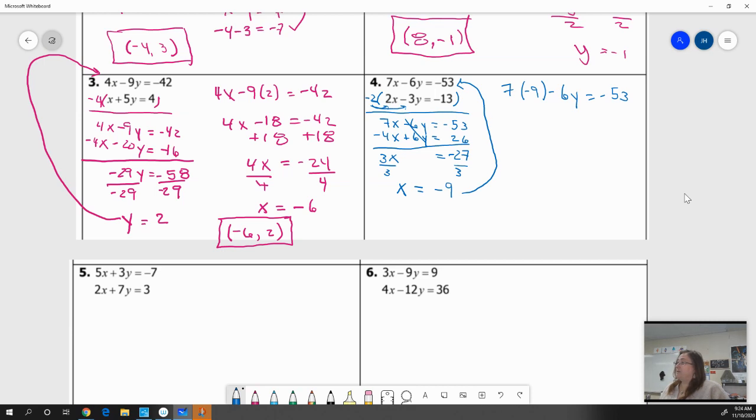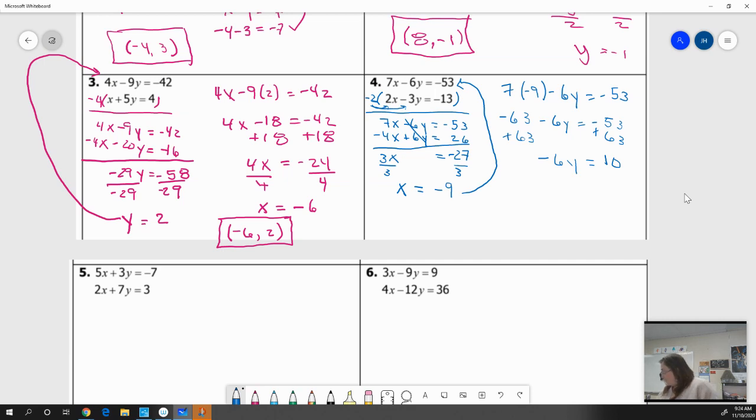This is a negative, so we have minus 63 minus 6y equals minus 53. So I'm going to start by undoing here, and I'm going to add 63 to both sides. I'm going to get minus 6y equals 10.